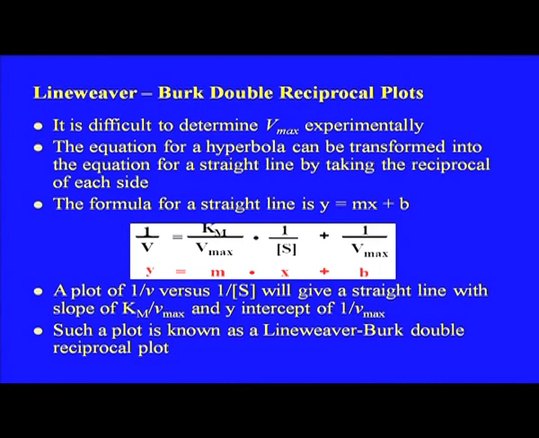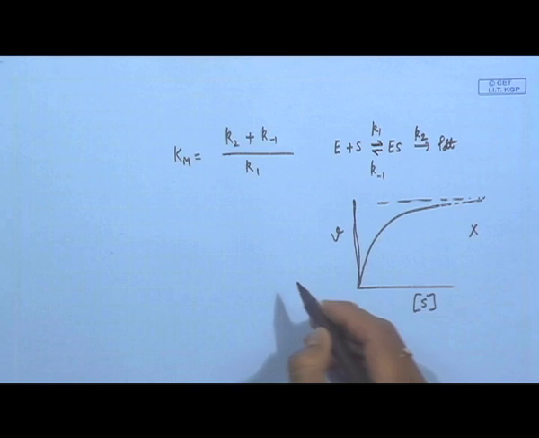So, just comparing these two, 1 by v is equal to Km by Vmax into 1 by s plus 1 by Vmax. Okay. So, the slope will be Km by Vmax and the intercept will be 1 by Vmax. The inverse of the intercept will directly give you the Vmax. It is easier to deal with.